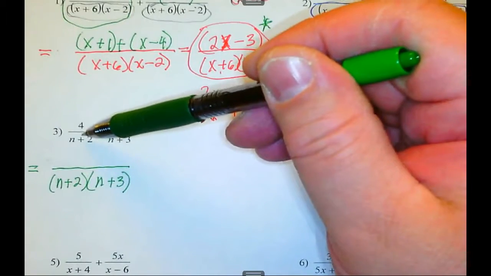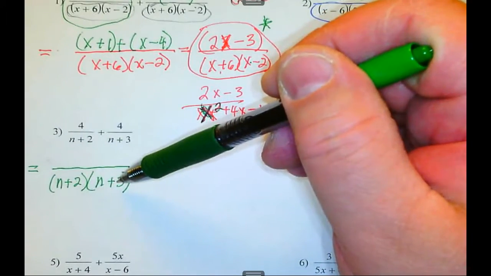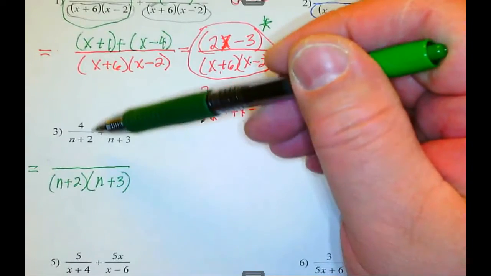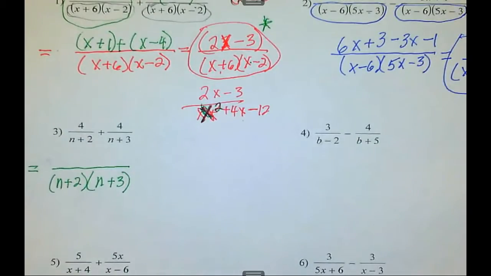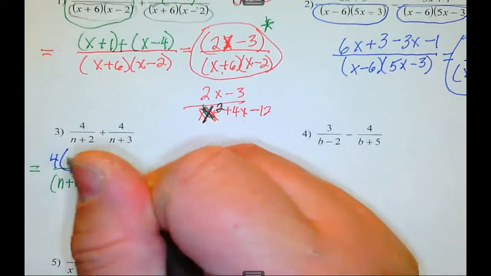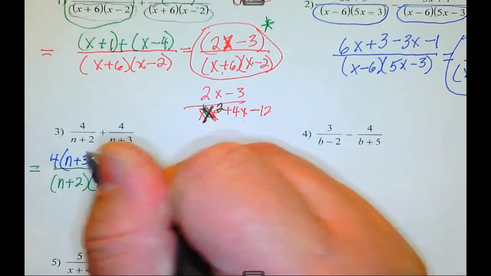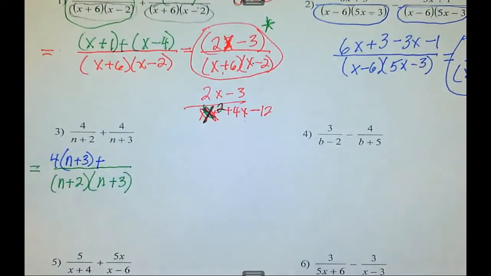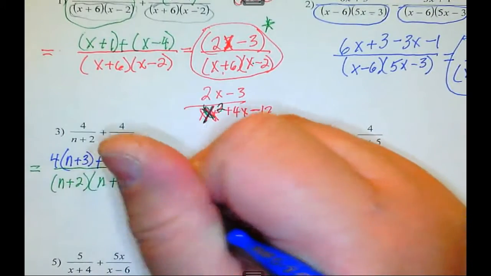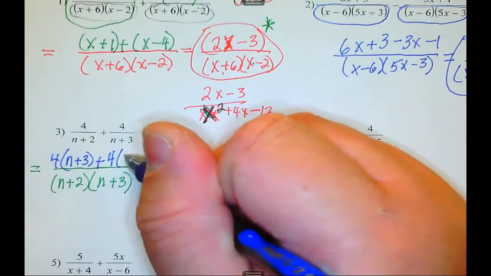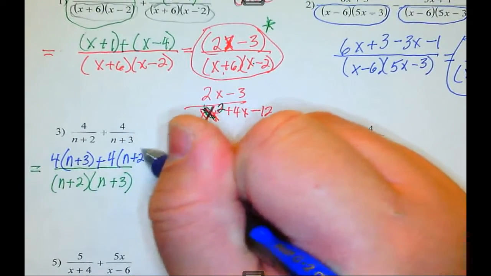It does not have an n plus 3 in the denominator, so I have to multiply the 4 by n plus 3. Good. Plus, now the second fraction is missing the n plus 2, so I'm going to multiply the numerator by n plus 2.